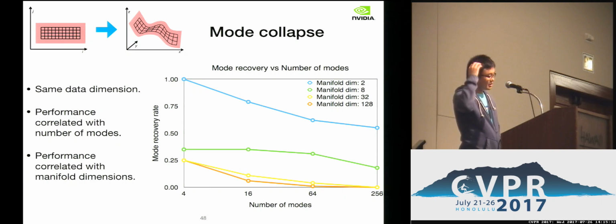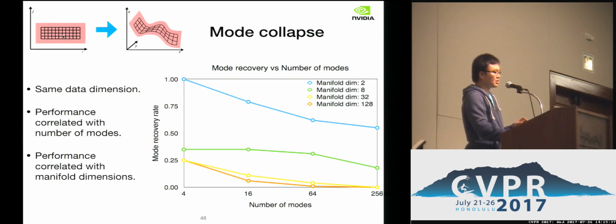Here is another analysis. Here we project Gaussian clouds in a low-dimensional space to a high-dimensional space. In this figure, we fix the data dimension to be, say, 512, and the data originally lies on a low-dimensional manifold, which can range from 32 to 128 dimensions.